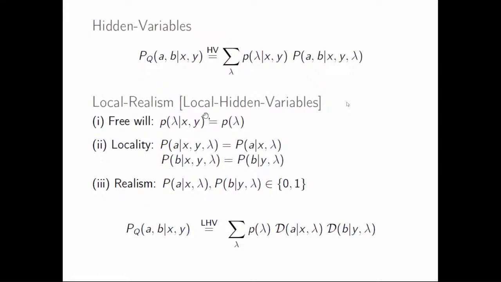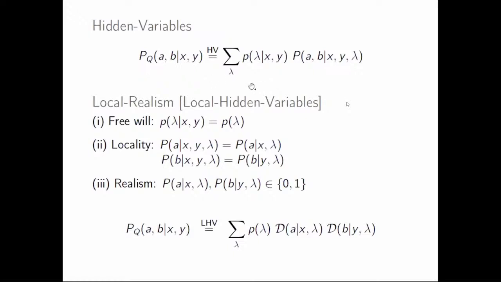Basically, different kinds of hidden variable models for quantum probabilities try to understand the quantum mechanical correlations more deeply. So here, generally one considers that there is a hidden variable lambda. If we knew that, we could get a better description of quantum probabilities.